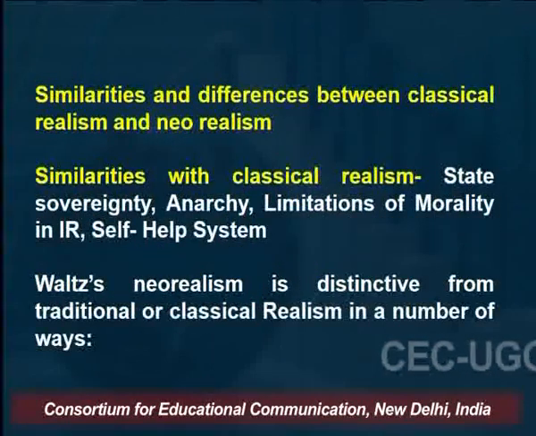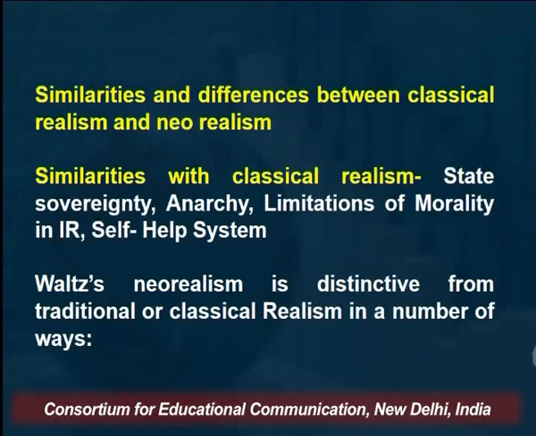Now, what are the similarities and dissimilarities between classical realism and neorealism? Classical realism has certain similarities with neorealism. For example, both believe in state sovereignty, or the state as the primary actor in international relations. Both believe that anarchy prevails at the international level.